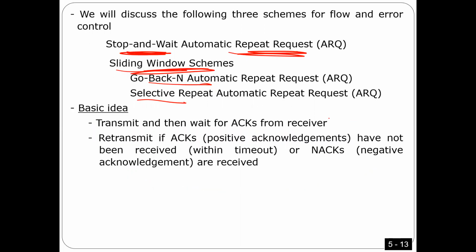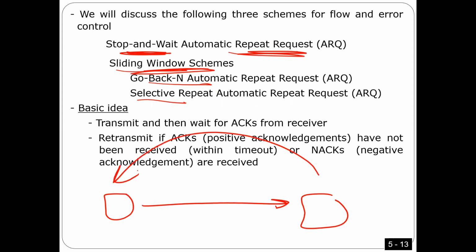The idea of these approaches, as you will see, is we have a transmitter and a receiver. You are going to transmit a frame, and I need to get feedback. This is the main point. I need to get feedback from the receiver. The receiver has to tell me if the frame is correct or not.